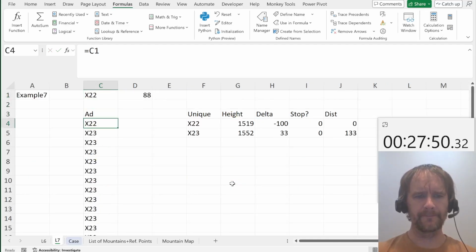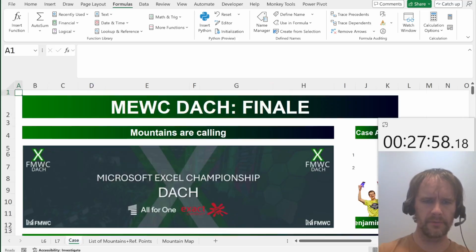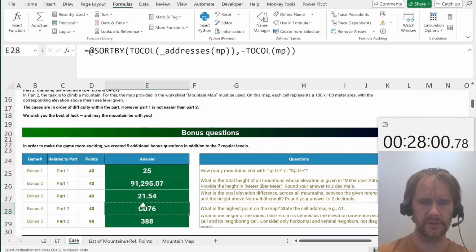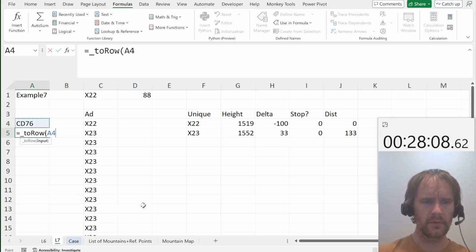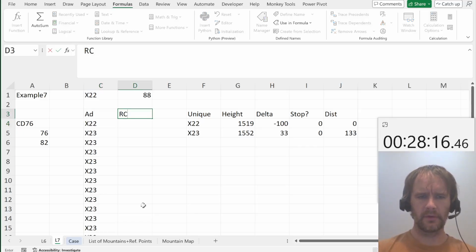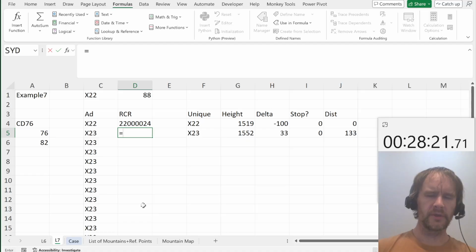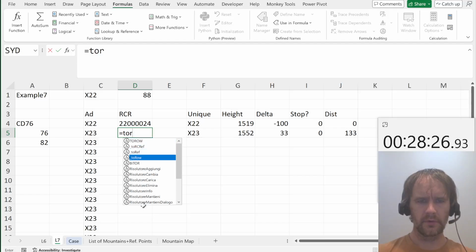Okay, so now, yeah, so we're aiming for where? CD76. Okay, so equals to row, equals to call. So then it's going to be RC. It's going to be 2RC. Then it's going to be 2 row of that.